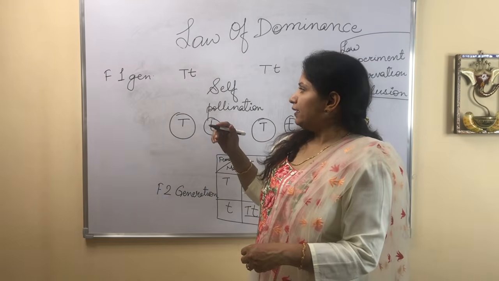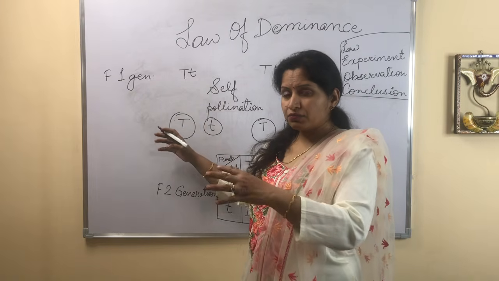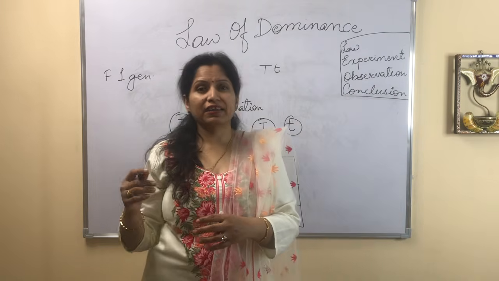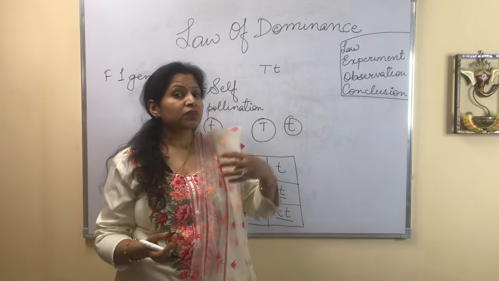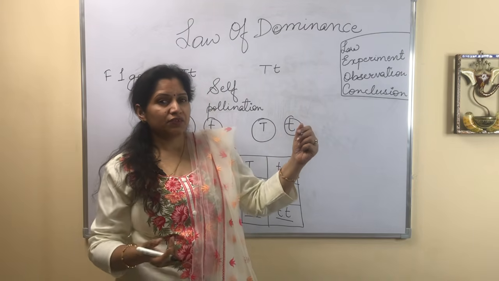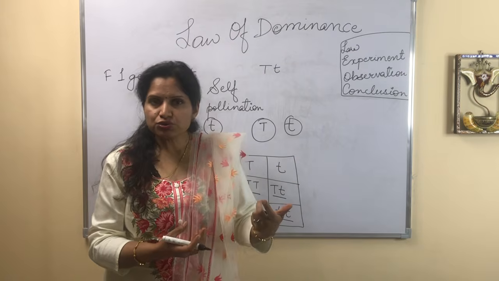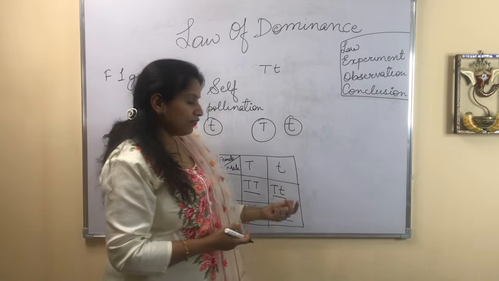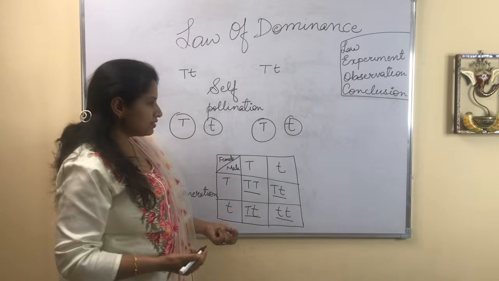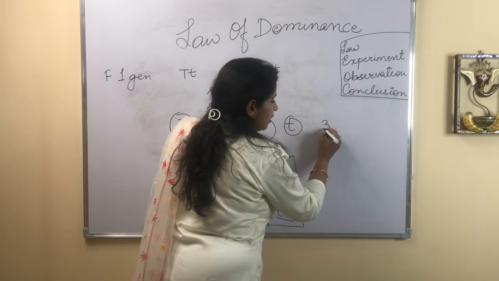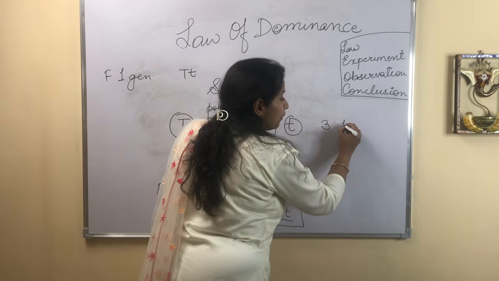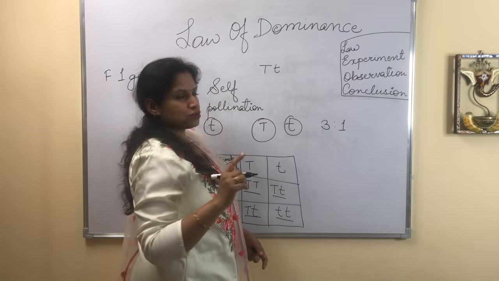So the male plant was tall, the female plant was tall, but in the F2 generation, we got the results that three plants were tall and one plant was dwarf.